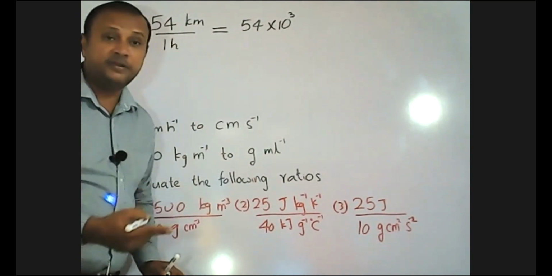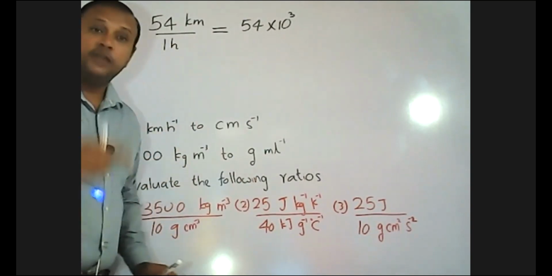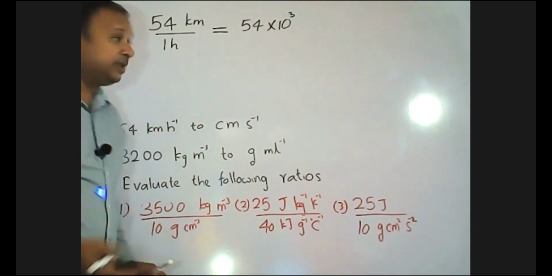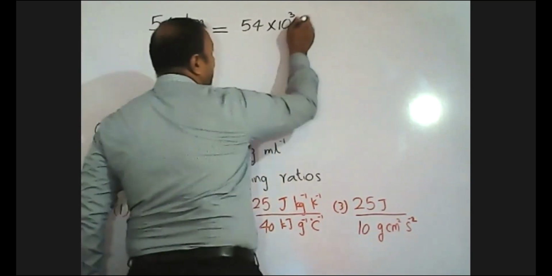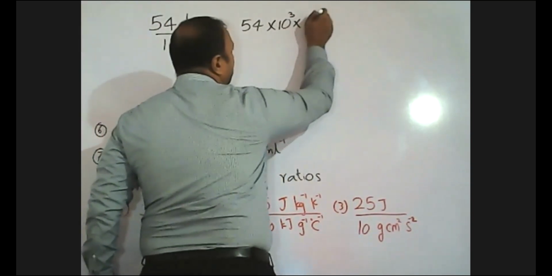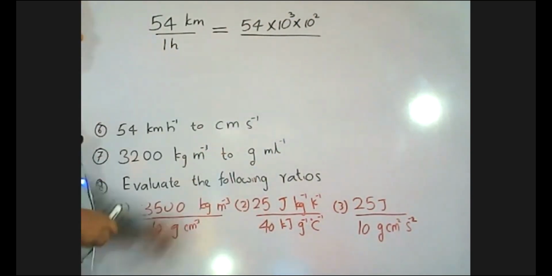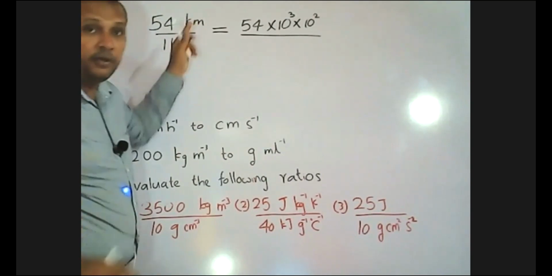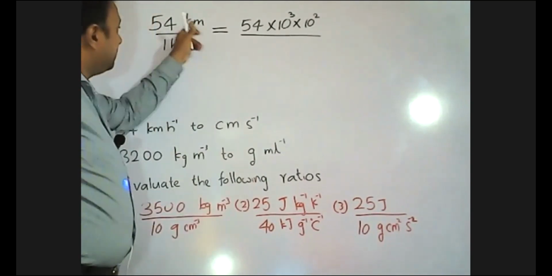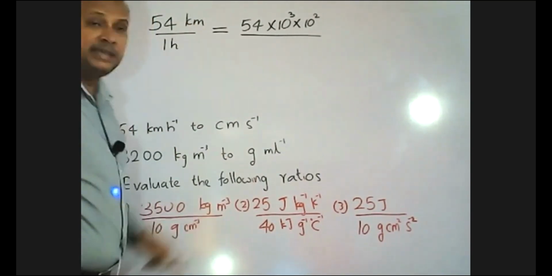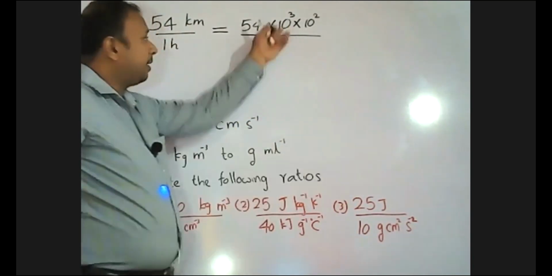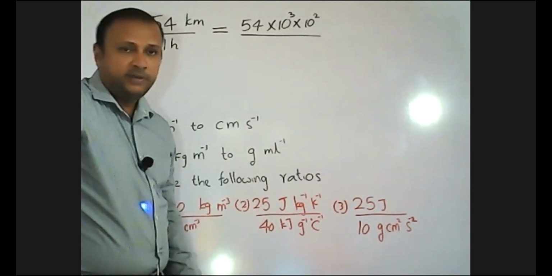Then you can convert meter into centimeter by multiplying by 10 to the power 2 again. Or otherwise, if you can determine the ratio between kilometer and centimeter at once, you can write it as 10 to the power 5.